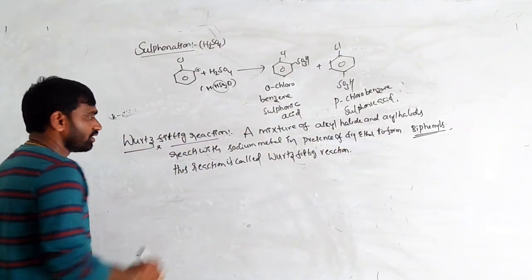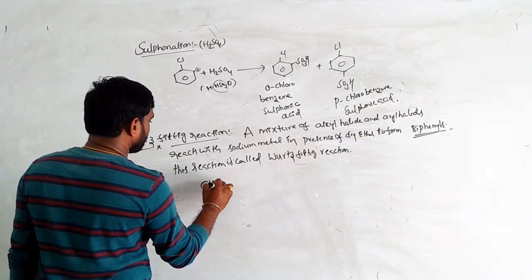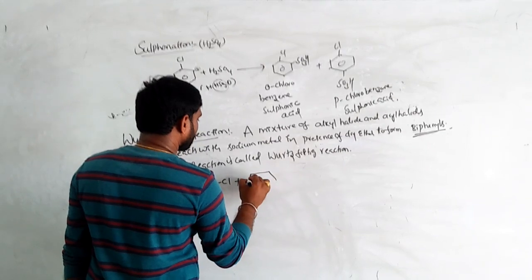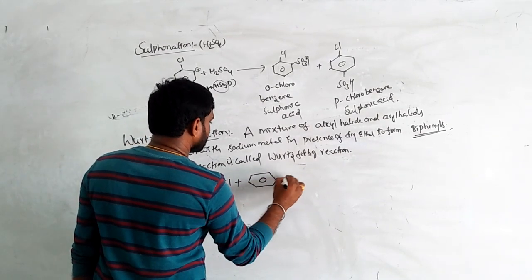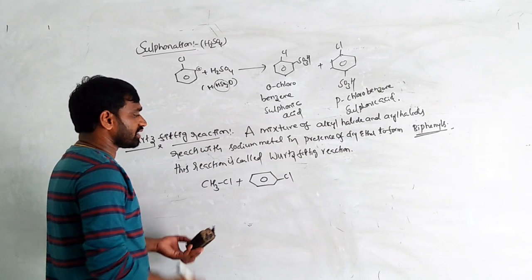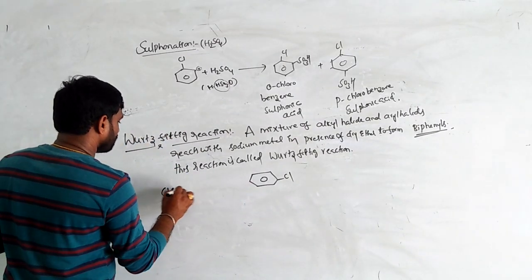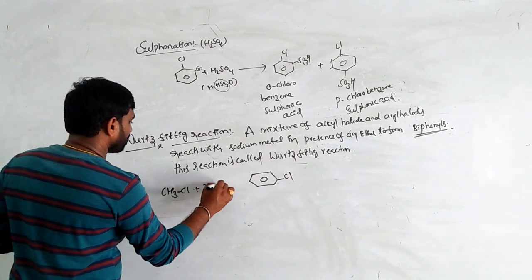Okay, students. Alkyl halide means CH3Cl. Alkyl halide is treated with aryl halide. Aryl halide means benzene attached to Cl. It is treated with sodium metal, 2 moles of Na.